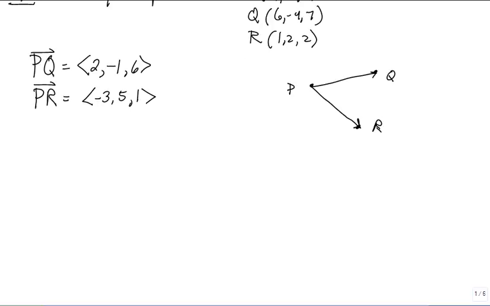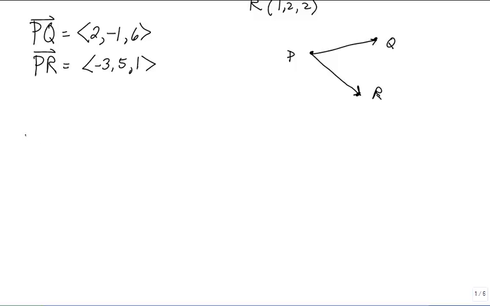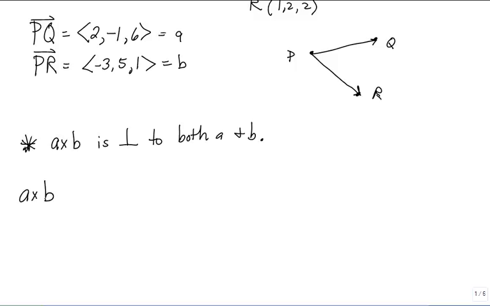So if you remember, I'll write it down if you don't: A cross B is orthogonal to both A and B. So we need the normal vector here. Alright, so let this be A and this be B, and we want to find their cross product.